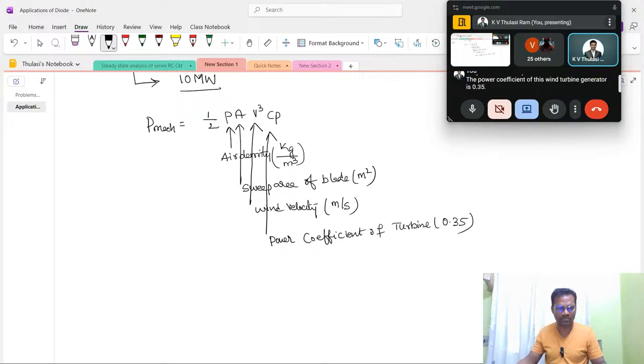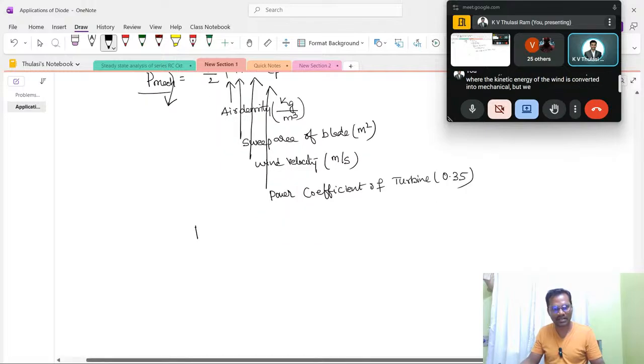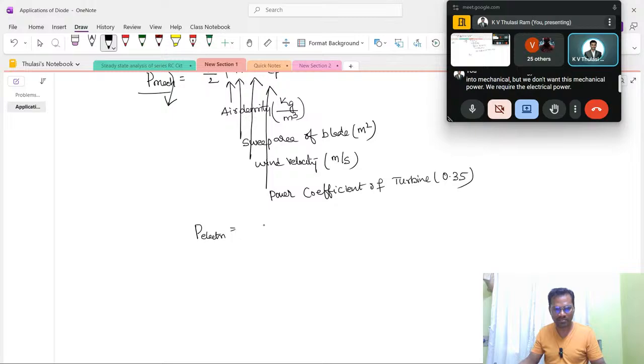Okay, so this is the mechanical power, where the kinetic energy of the wind is converted into mechanical energy. But we don't want this mechanical power, we require the electrical power. So electrical power is equal to mechanical power multiplied with the efficiency of the gear multiplied with the efficiency of the generator.